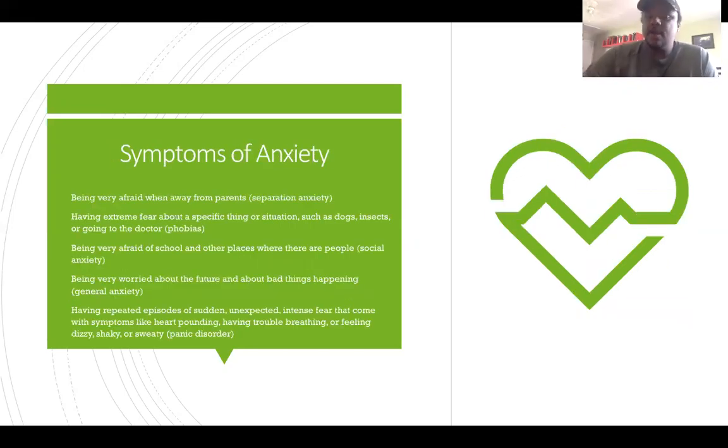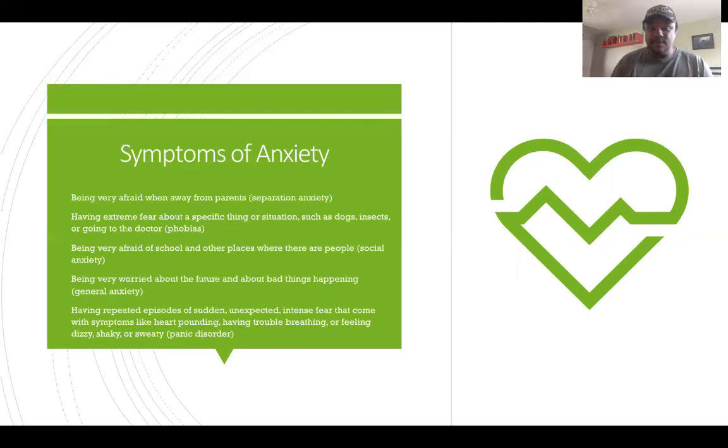There are symptoms, though, that we can observe, things like being afraid when they walk away from parents, having extreme fear about a specific thing or situation, such as dogs, insects, going to the doctor, phobias. Again, those are things that could have been triggered before, or they could be fears for no founded reason.